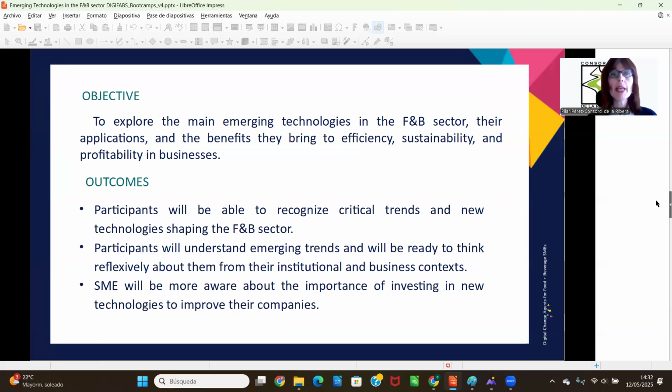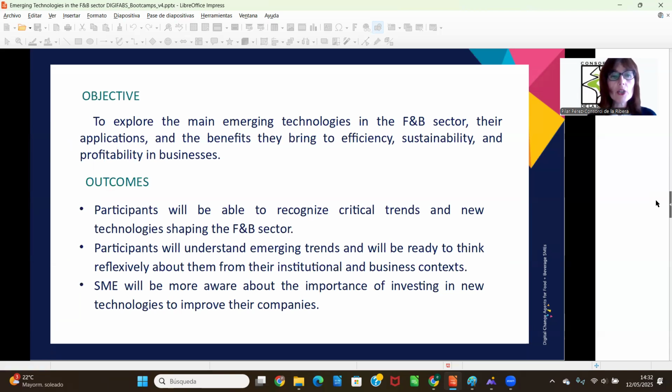As previously mentioned, the primary objective of this module is to explore the key emerging technologies within the food and beverage sector, with a focus on their practical applications and the potential benefits they offer to SMEs, aiming to enhance their competitiveness.